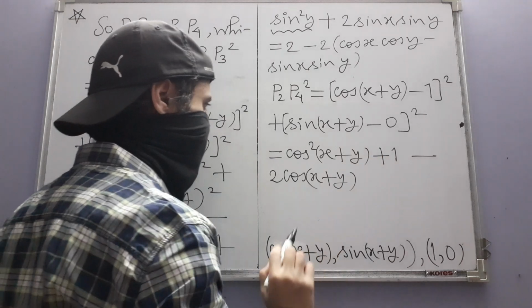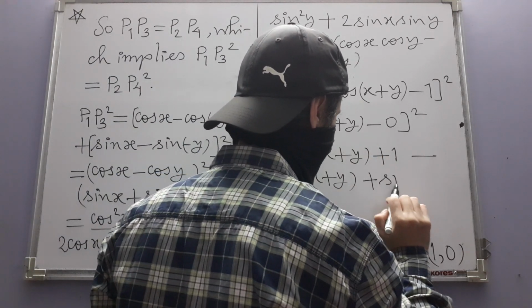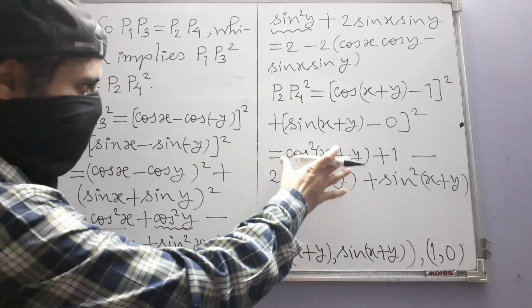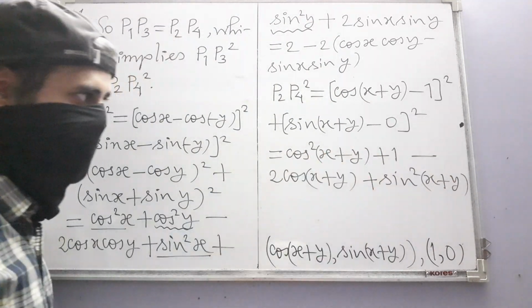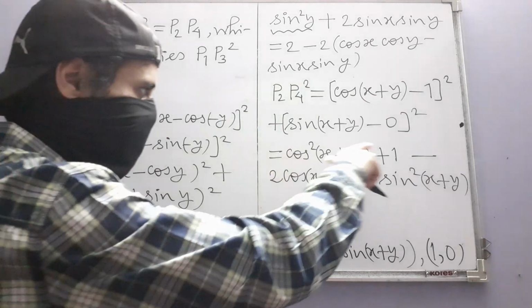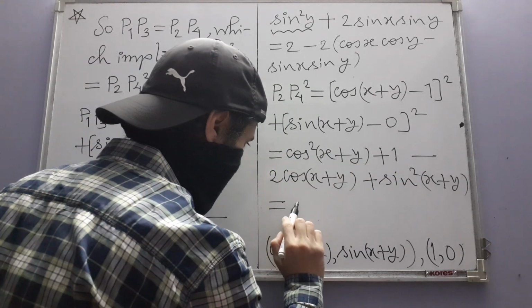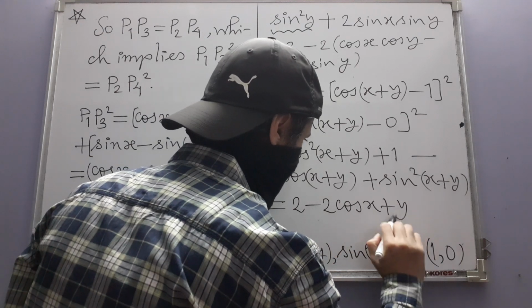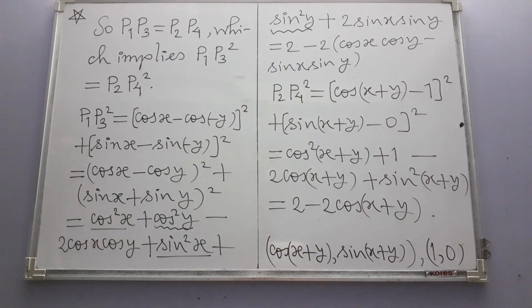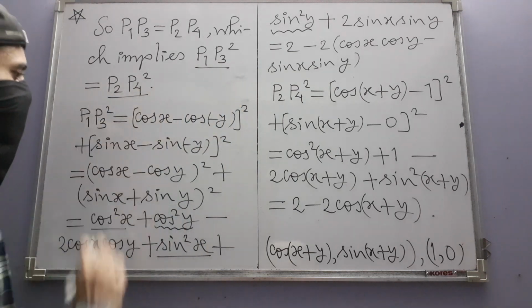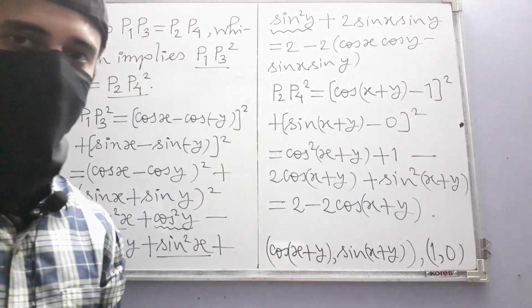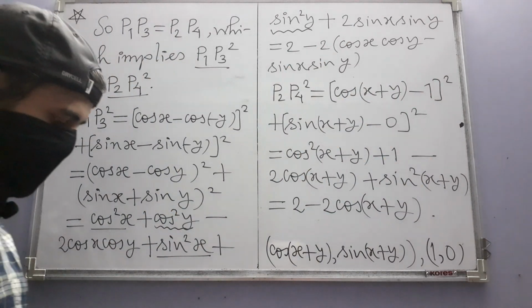And this is a lone term, so it is simply sine square of x plus y. Now here also cos square x plus y and sin square x plus y will give us 1. That one and this one will give us 2. So we get 2 minus 2 times cos of x plus y. And these two squares are equal. That means this expression is equal to this expression. So let's just write that next.